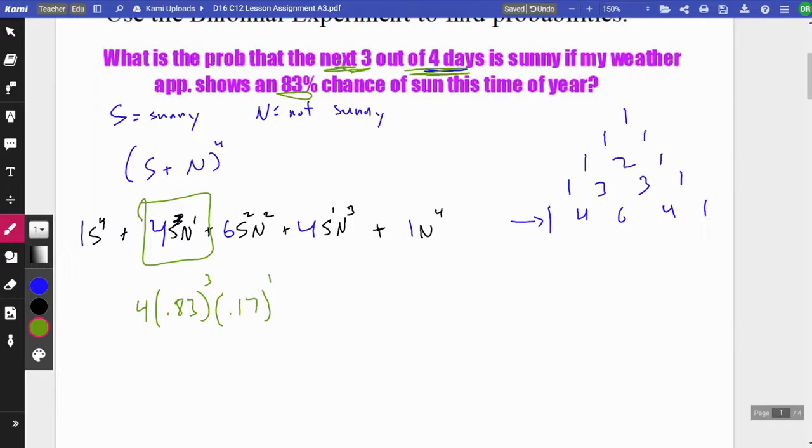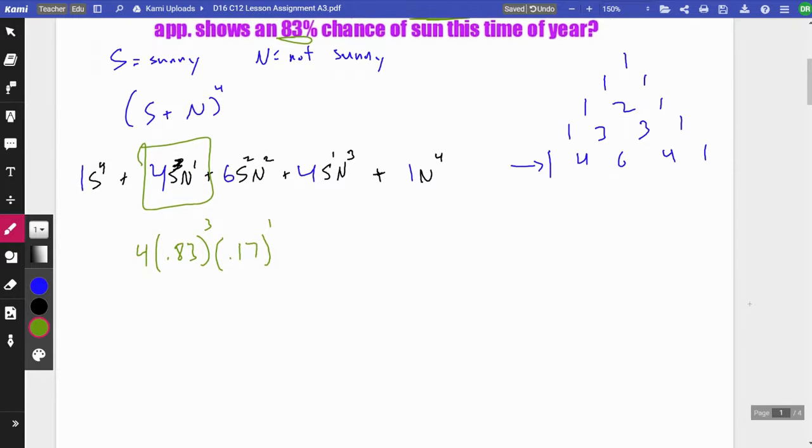Basically the complement. And we would then need to calculate that. Get 4 times 0.83 to the 3rd, and then times 0.17. And when I did this, I got 0.3888, so 0.39 about. Or that's a 39% chance.